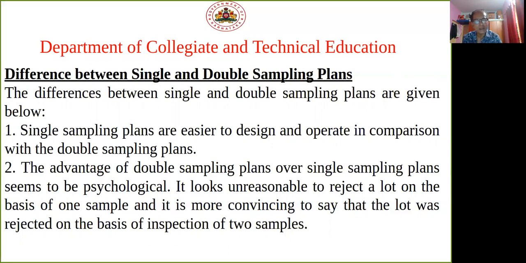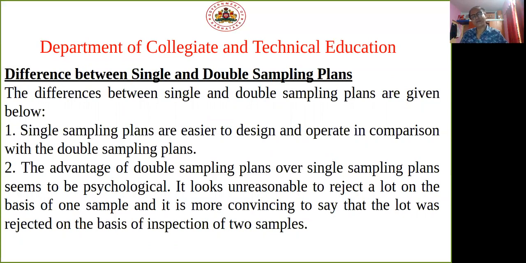In the single sampling plan, we take only one lot, with n samples and the acceptance number C. But in the double sampling plan, there will be two samples, each with N1 and C1, and N2 and C2.